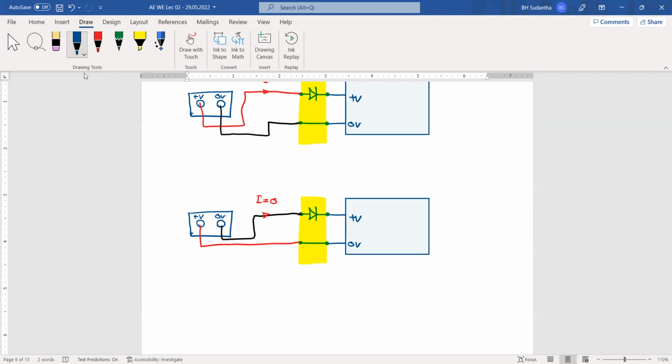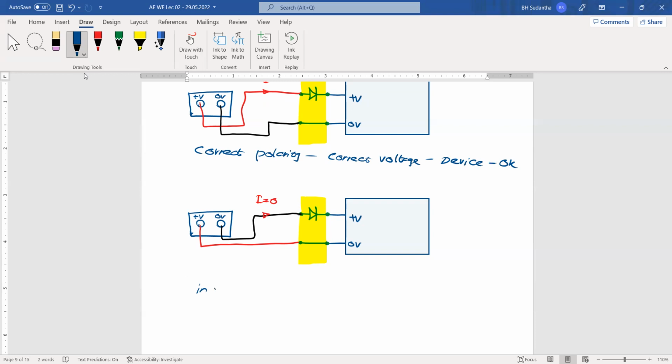Okay, then here, correct polarity and correct voltage has been applied to the device. But here, incorrect polarity, then the device is okay.